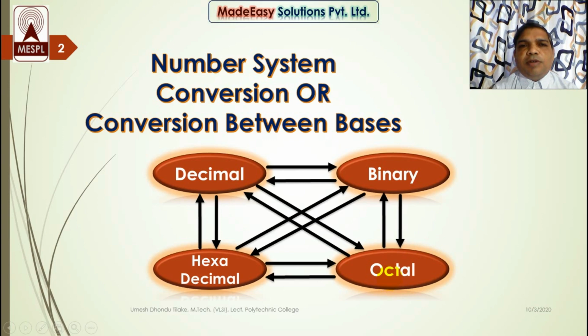Convert the given octal number into decimal first and then convert the resultant decimal number into hexadecimal. Similarly, while converting hexadecimal to octal, convert the hexadecimal number into decimal first and then convert the resultant decimal number into octal.